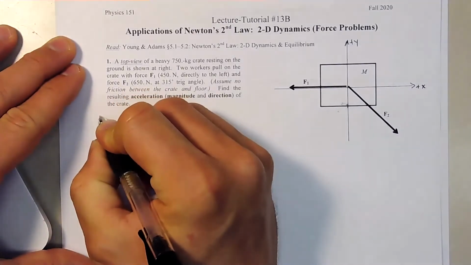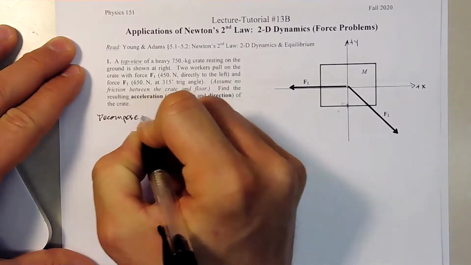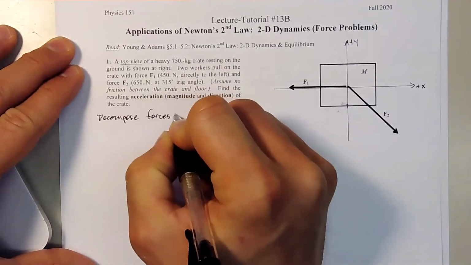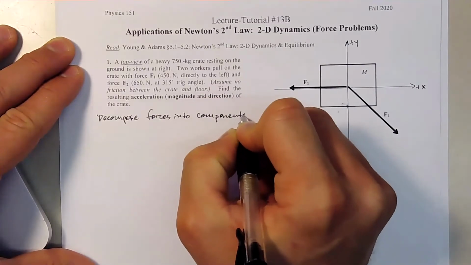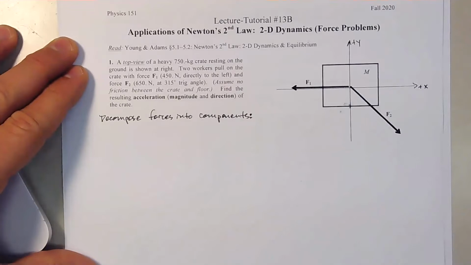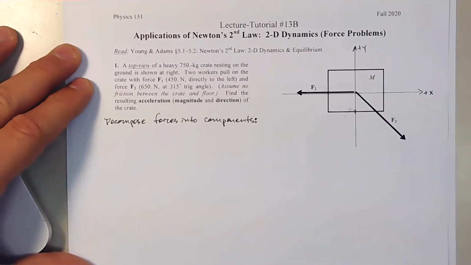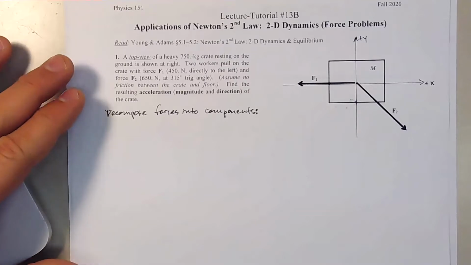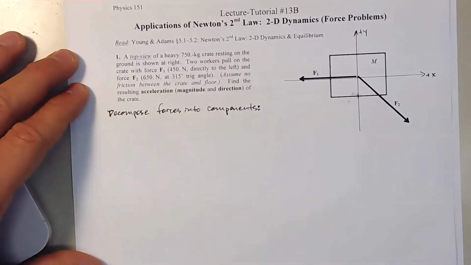So let's decompose these into their components. Once again, this will be a slightly different method than what is on my written solution, but that's good. That way you'll see another one, a slightly different method that still leads to the same answer.